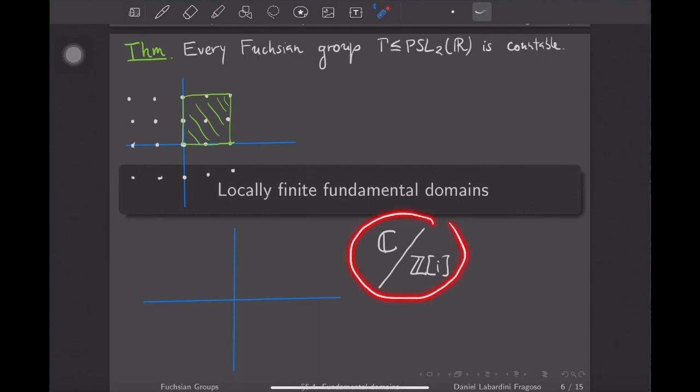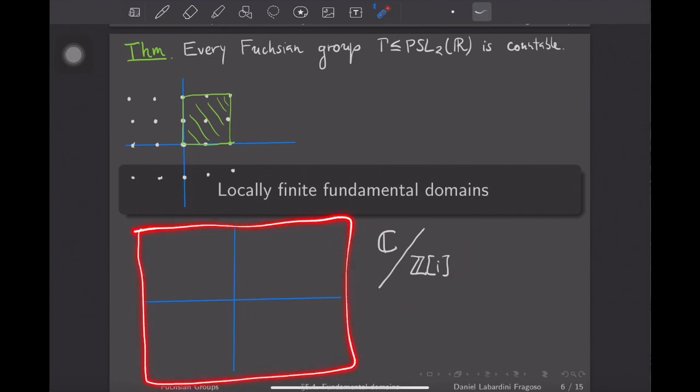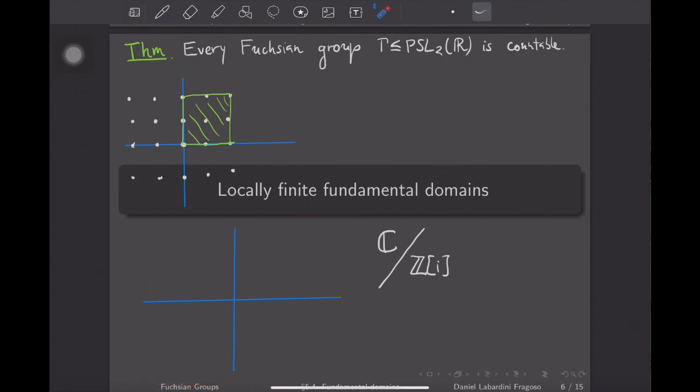And then how does one form this? Well, one really has to take all of this and somehow start wrapping the plane around itself, right? For instance, if one considers, instead of Z square, just the translations, just horizontal integral translations, then to form the corresponding quotient, so integral translation, this would be just Z, integral horizontal translations.